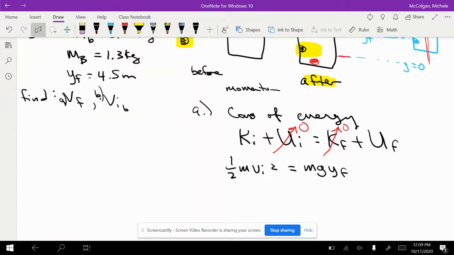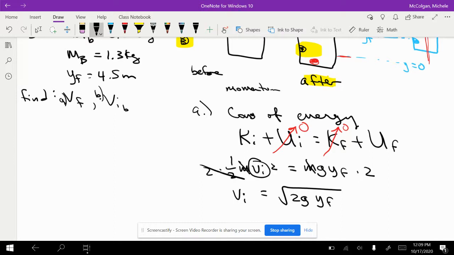And so we're looking to find this v. We cancel out the m's on both sides, and then multiply both sides by 2 to get rid of the 2 on this side. And so v initial is equal to the square root of 2 times g times y final.